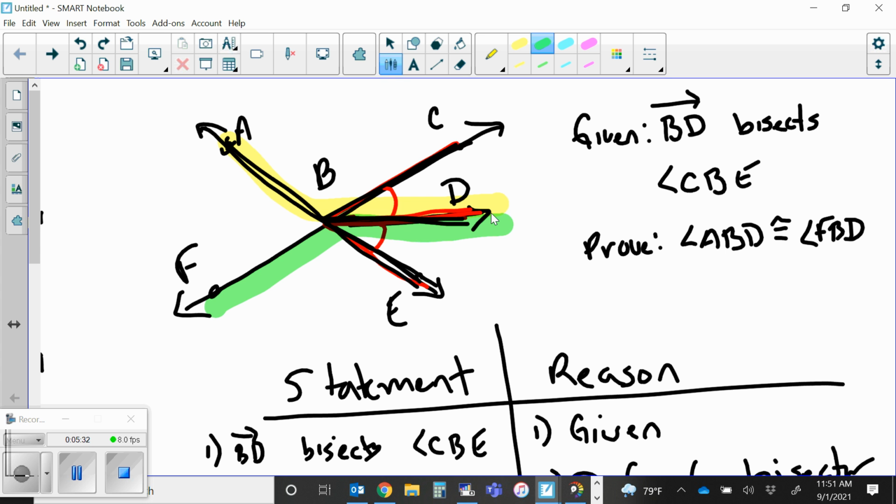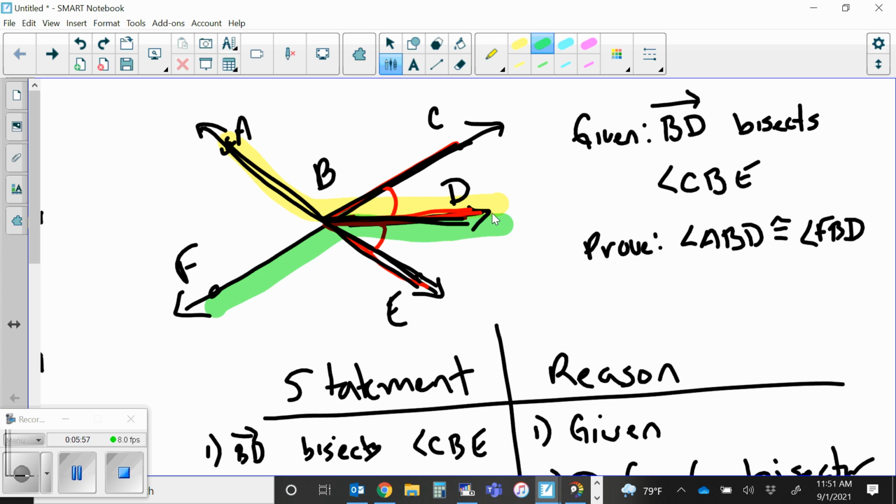ABD is made up of ABC and CBD. Follow me? I got your attention finally. What is angle FBD made up of? FBD, what is it made up of?